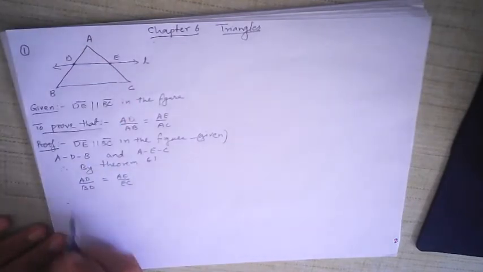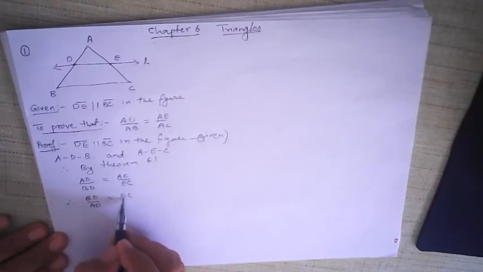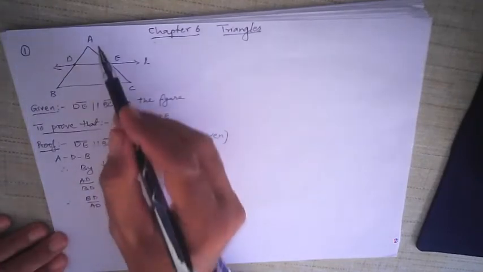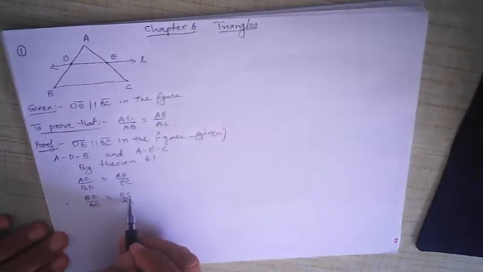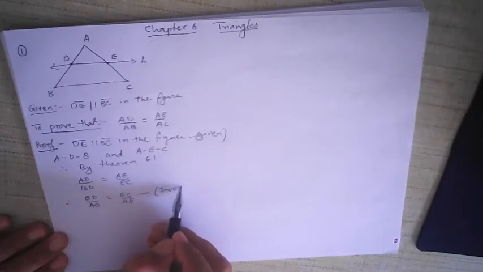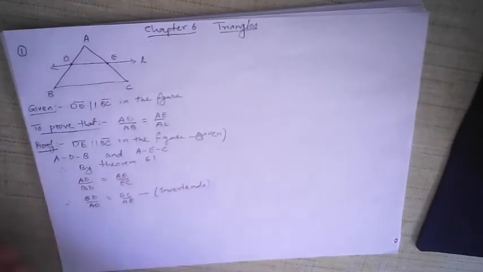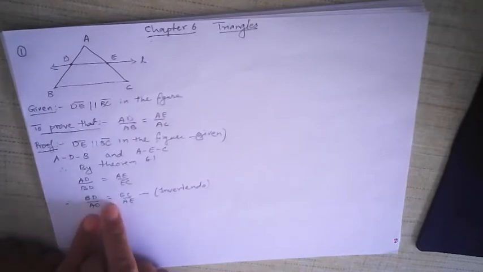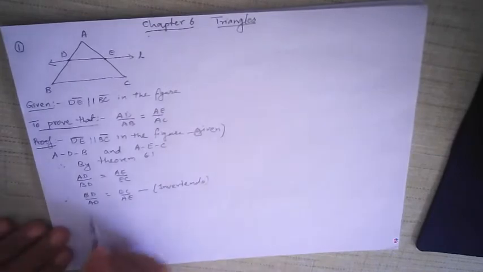Now if I make both of them inverse, I get BD upon AD is equal to EC upon AE. I have just made it upside down. This is called invertendo. Invertendo means inversing both the sides of the equation. Both the sides you make it inverse. That is called invertendo.